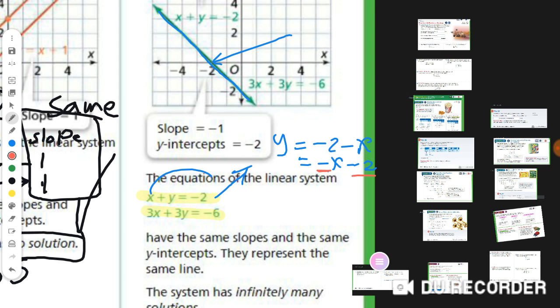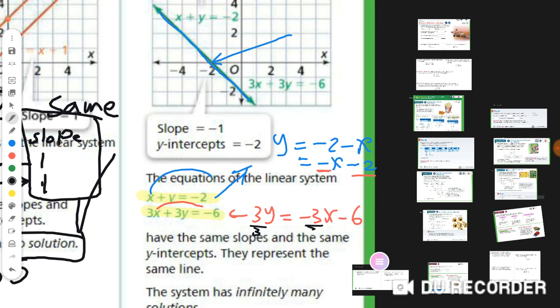Okay. What about the next equation? Next one, I need y alone, so I will send the 3x to the other side by negative. Yes. So 3y equals -3x minus 6. Yes? Okay, I need to divide by 3, both sides.